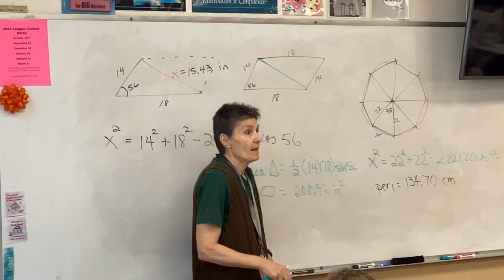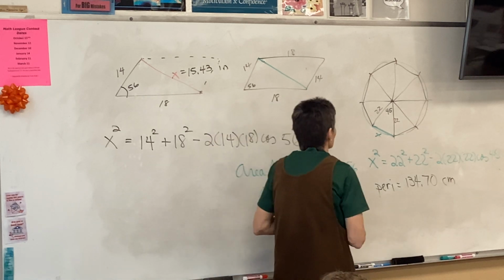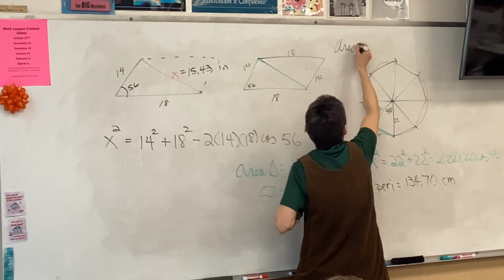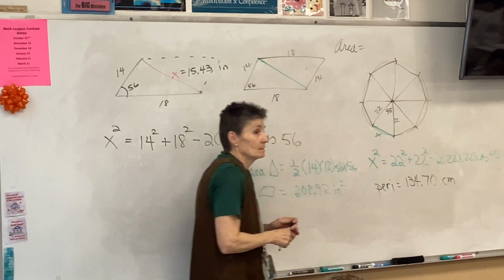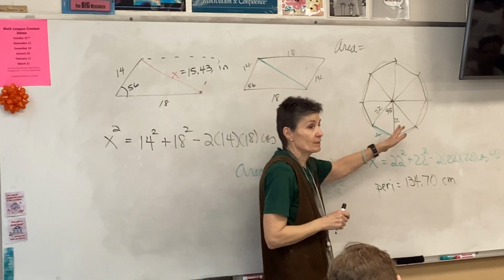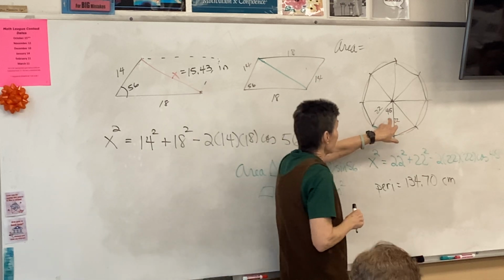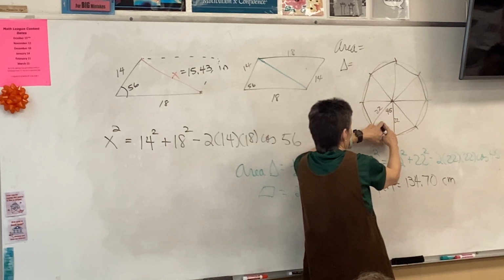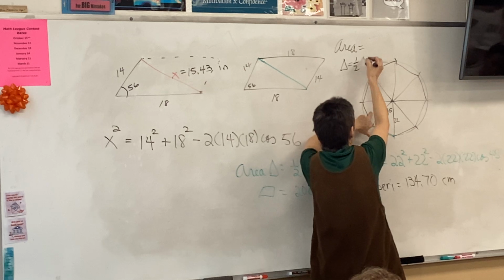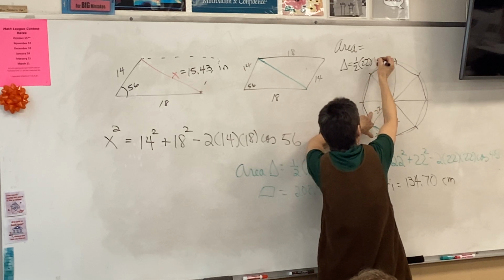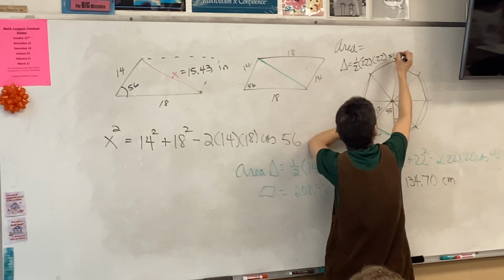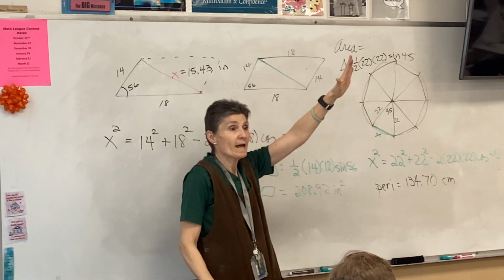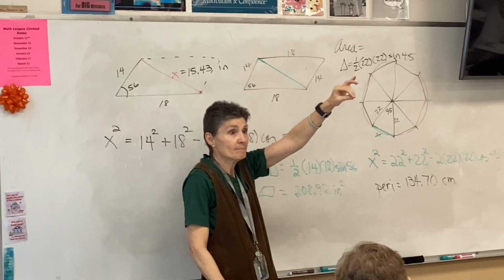All right, and then question number 4 says find the area. We can do this because we got the picture already drawn. What is the area of that triangle? 1/2, 22, 22, sine 45. 1/2, side, side, sine.